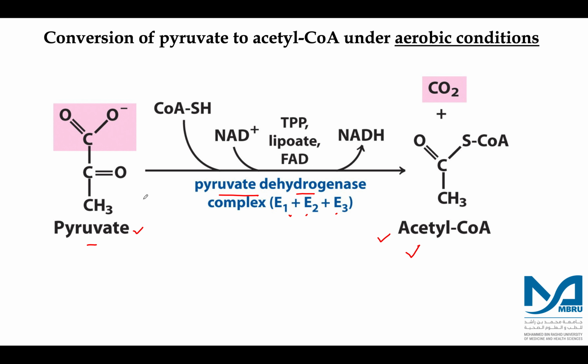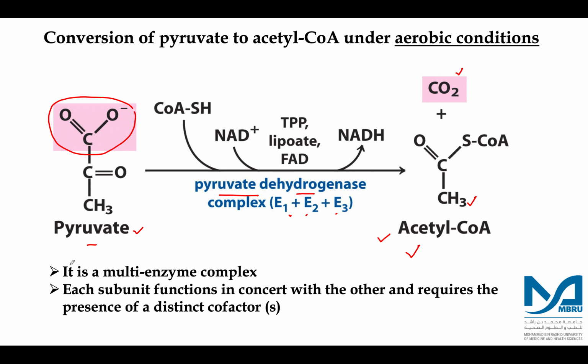Now, once pyruvate is converted to acetyl coenzyme A, a molecule of carbon dioxide is also produced. This is the carboxyl group, which by now you already know very well, and the carboxyl group is lost from pyruvate, leading to the production of acetyl coenzyme A. Therefore, this process is called a decarboxylation process.